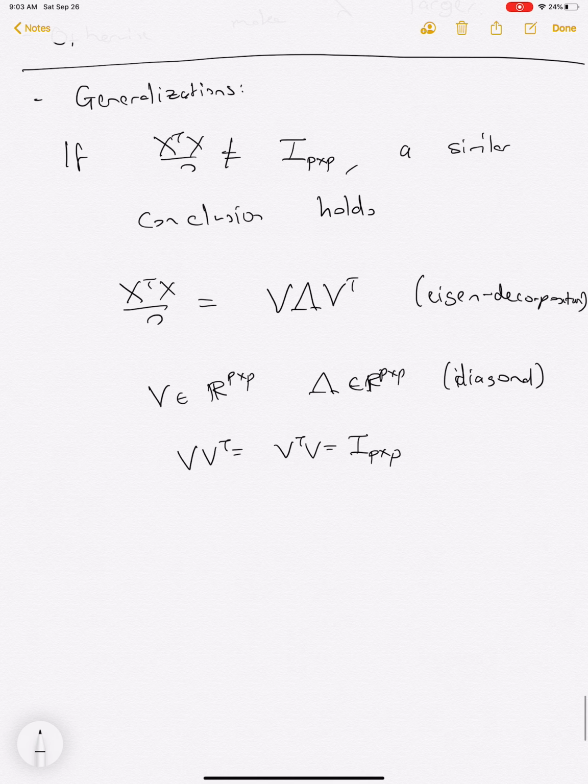Then this extends to any log likelihood or loss function.